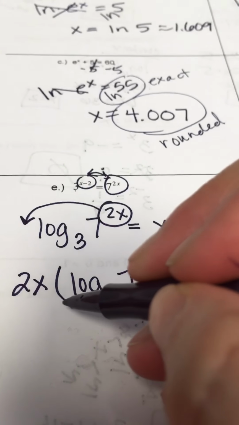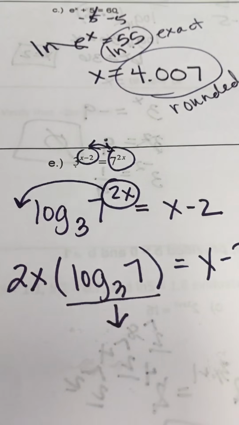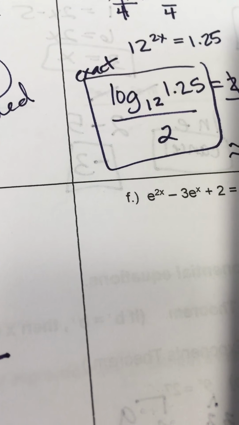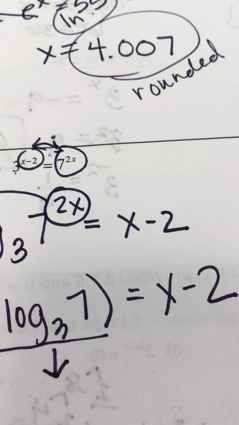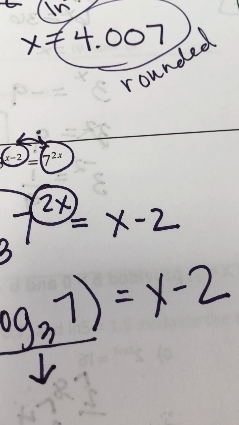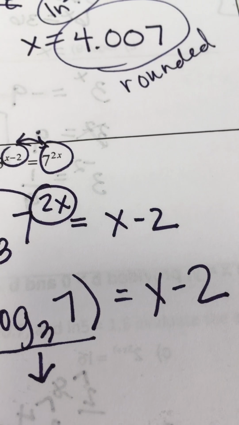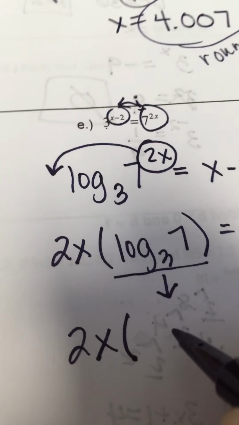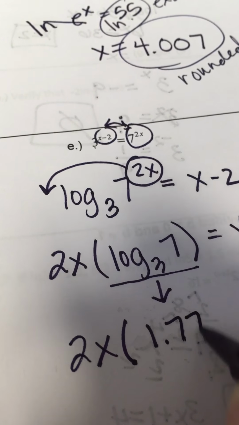Now I could actually figure out what decimal this is on the calculator. So I'm going to go up and figure out what that is. Log base 3. And so I get 2x, 1.77.